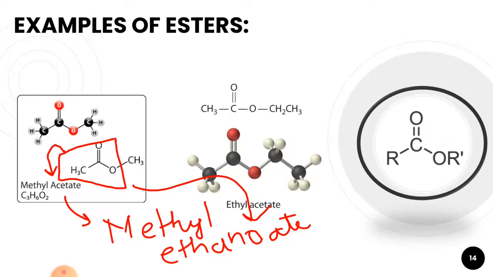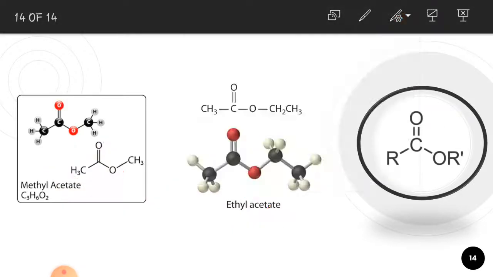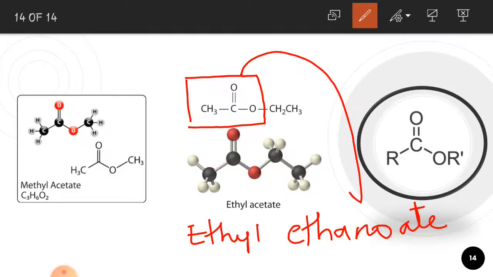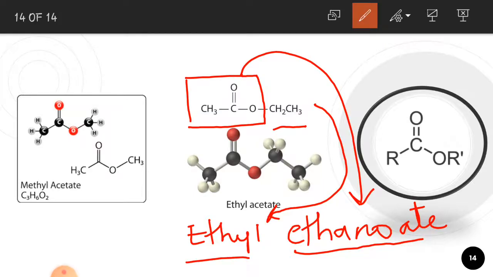Another example of the esters is ethyl acetate. This ethyl acetate is also called ethyl ethanoate. Now, this group is called ethanoate, and we know that CH3CH2 is called ethyl.